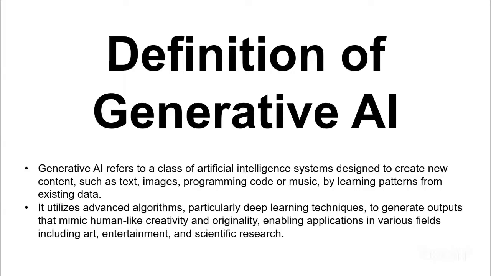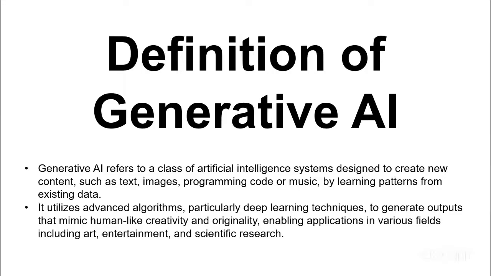So anything that can create new materials, meaning a new picture, a new music, a new letter. Because they are new, they are not copied and pasted from somewhere else, they are called generative, right?